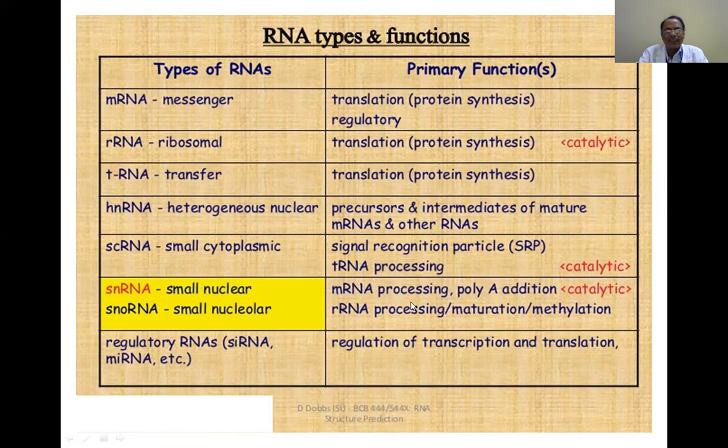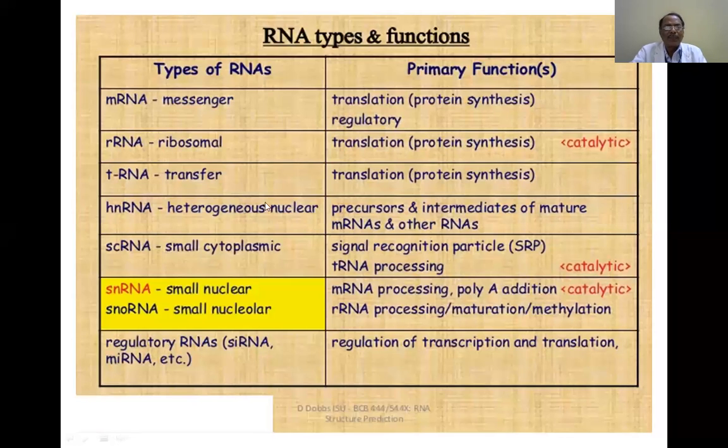Then there are others in the cytoplasm, called siRNAs or microRNAs. They regulate the transcription and translation processes, and have control over these processes in both places. And the others are the SRPs, signal recognition particles.